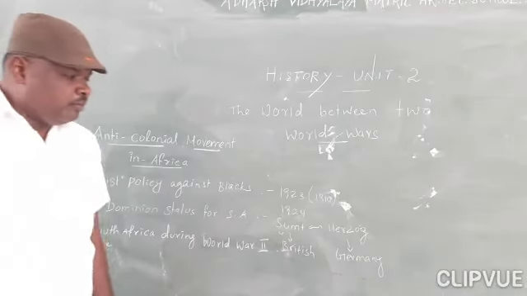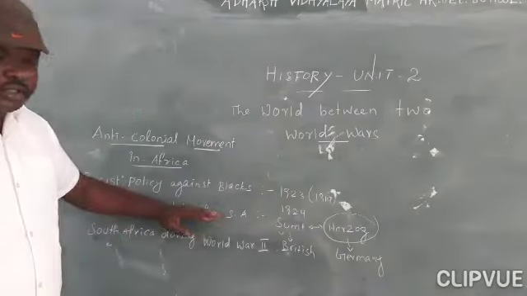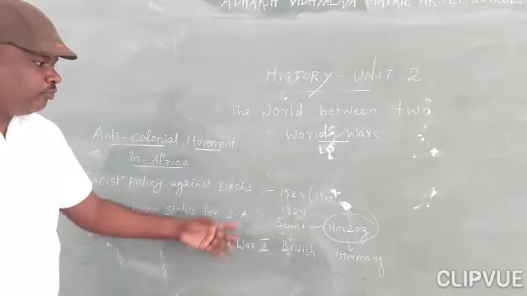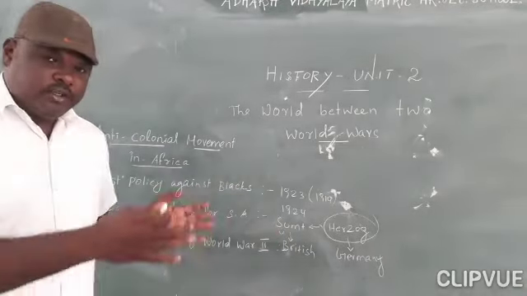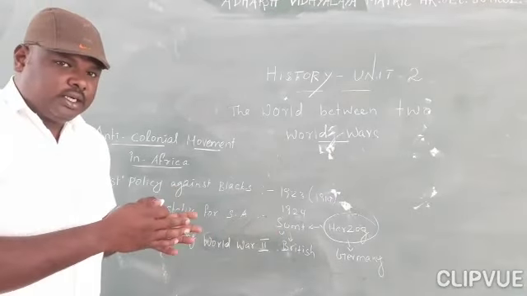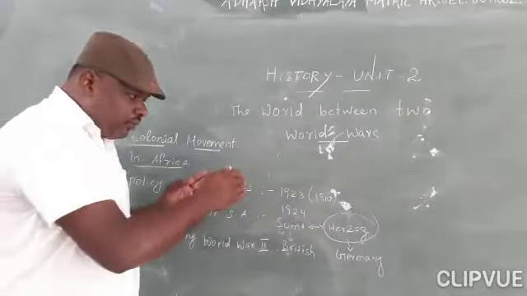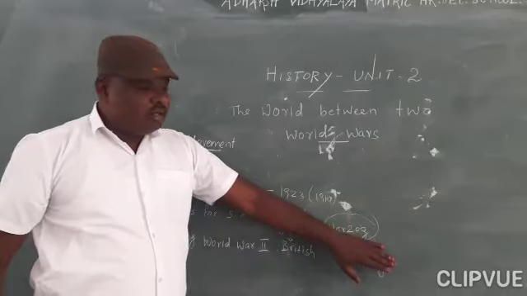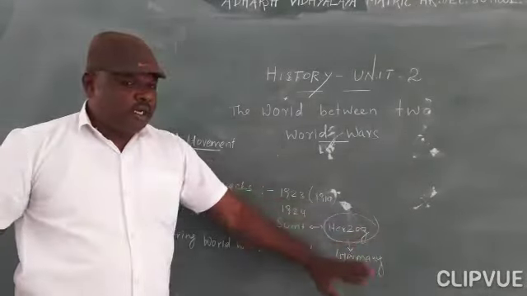So finally Herzog withdrew and resigned from the South African Union. Initially the two parties, Herzog's and Smith's, joined together as the Unionist Party. Now Herzog relieved himself from the Unionist Party. He resigned and relieved himself.